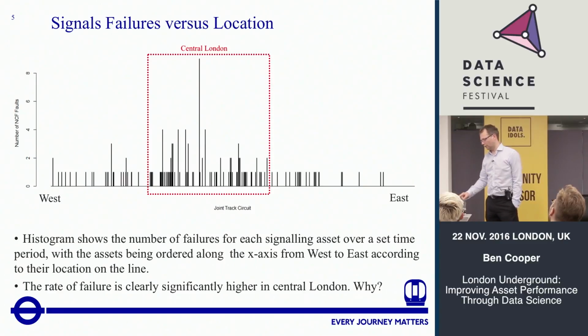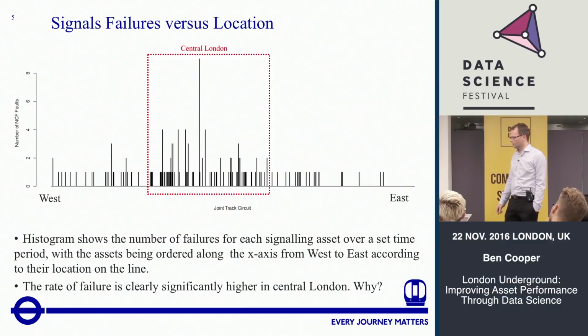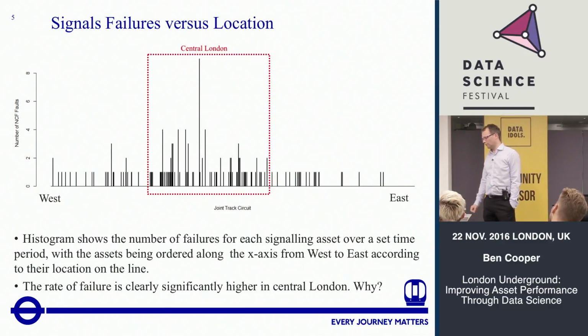This shows the number of failures of those assets as you go from west to east across the line. So it's looking at the pattern of failures by location, the failure rate. In this red highlighted box you can clearly see by eye that you've got a higher rate of failures in central London.